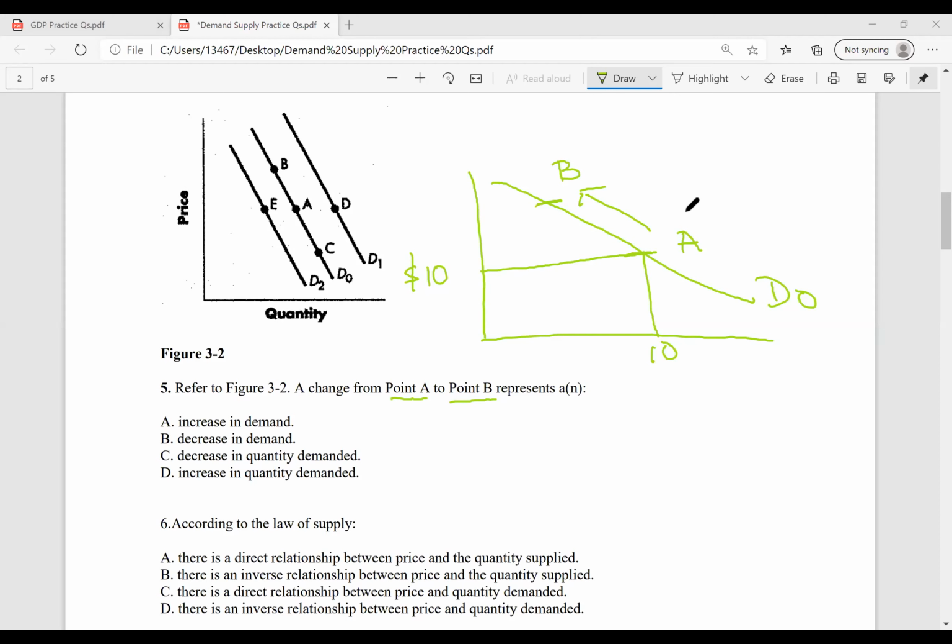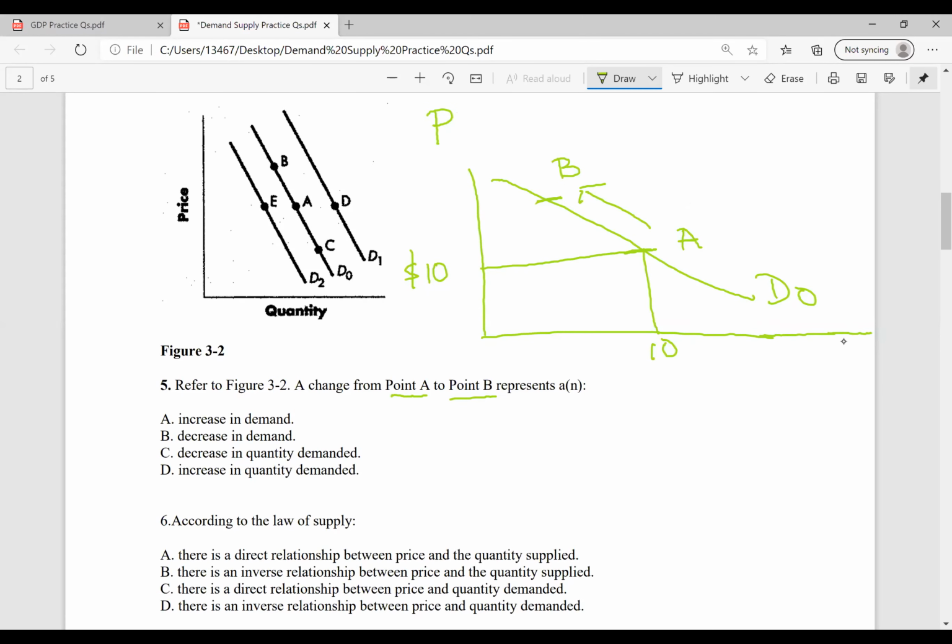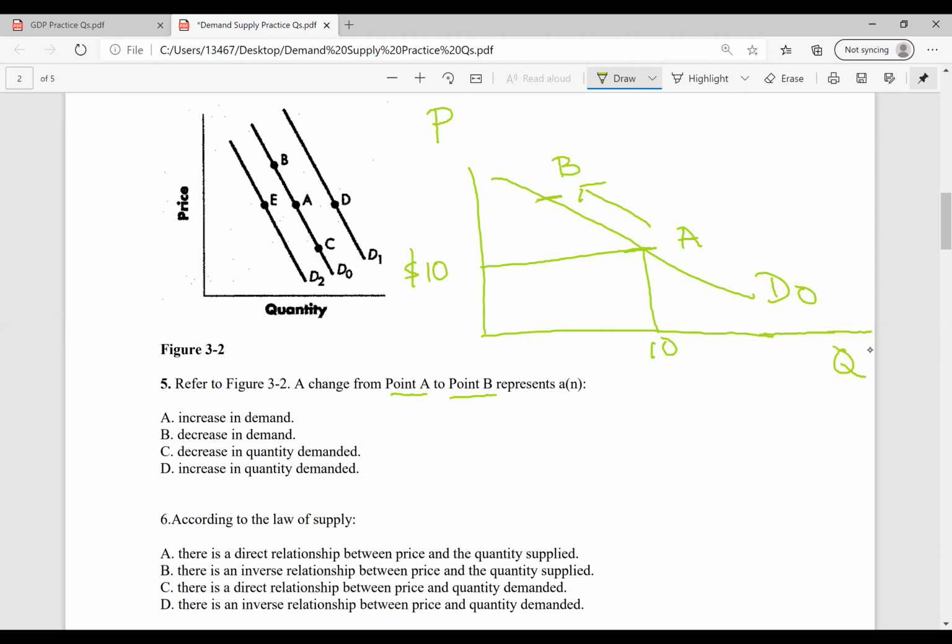Right, so we are on this demand curve. The vertical axis, we measure price. Horizontal axis, we are going to measure quantity. That means $10 is my price, 10 units is the quantity.